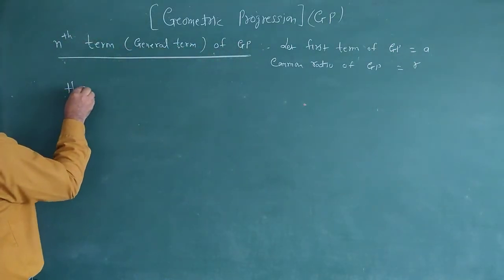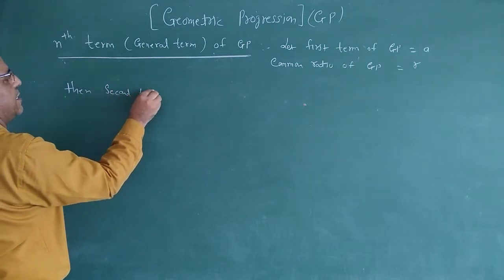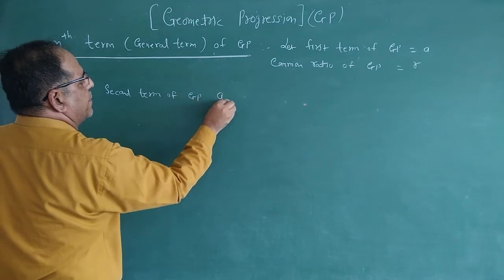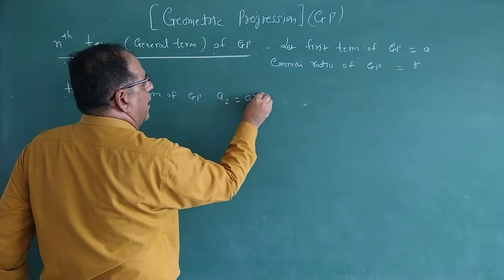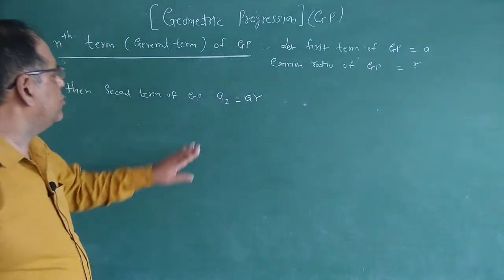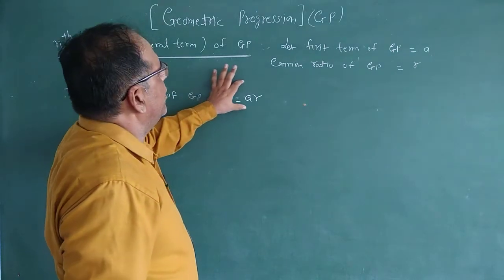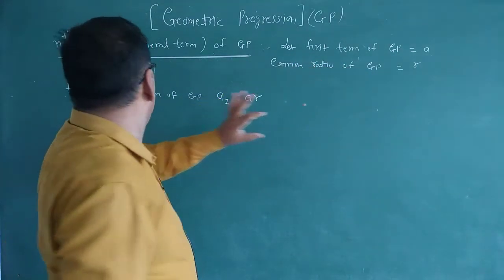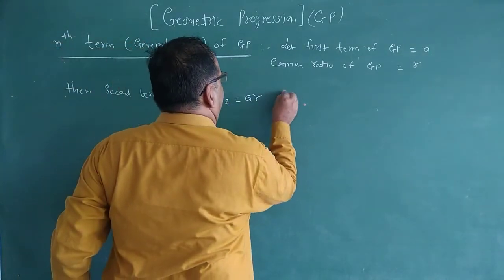Then the second term of GP, indicated by A2, equals AR. These values can be used anywhere in mathematics whenever you assume the first term of GP is A and the common ratio of GP is R. So the second term of GP is always given by AR.